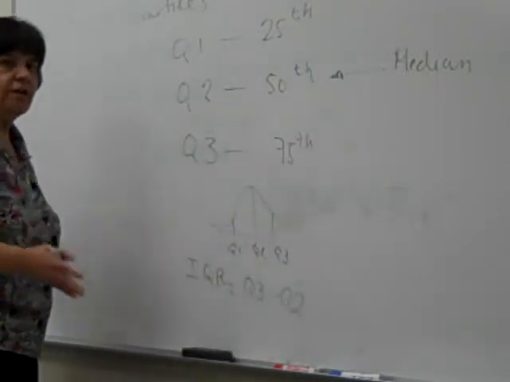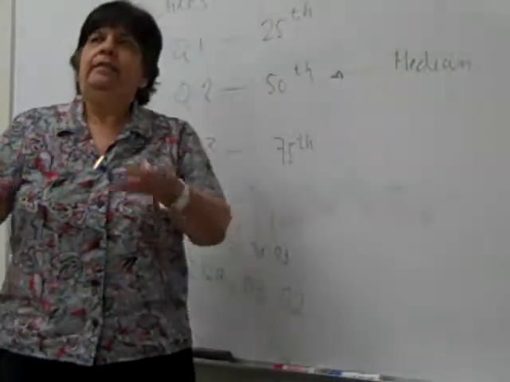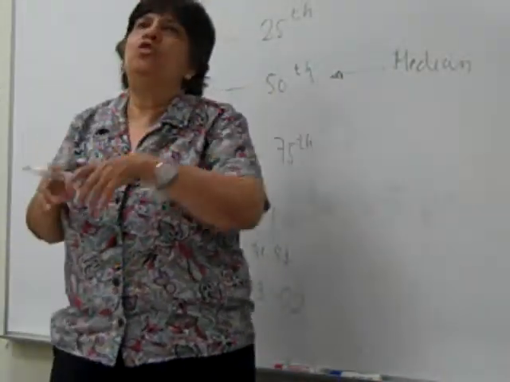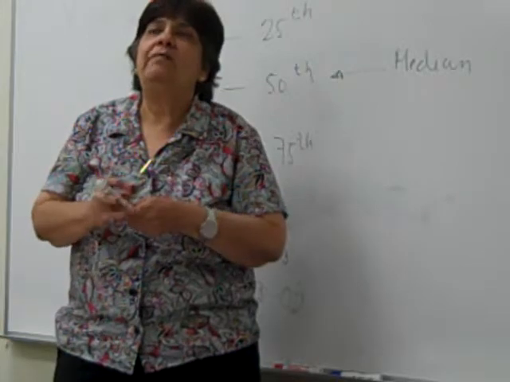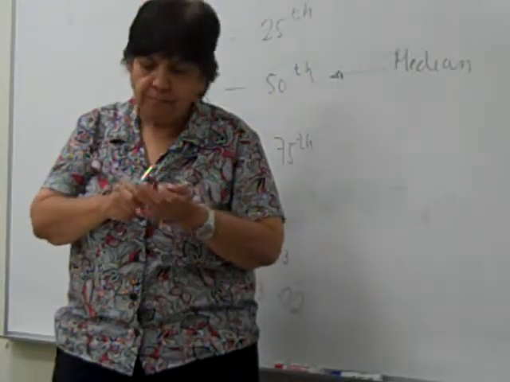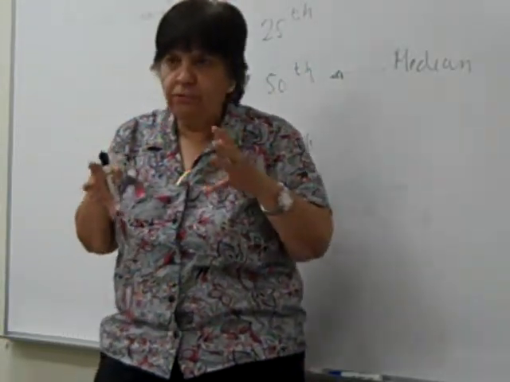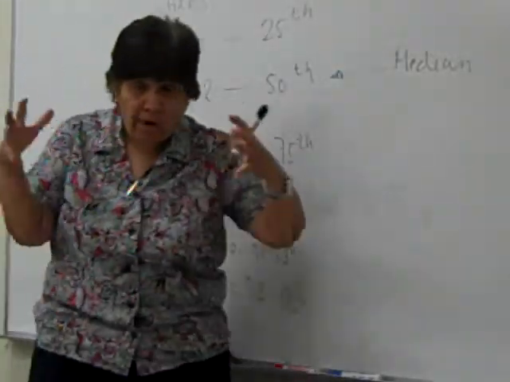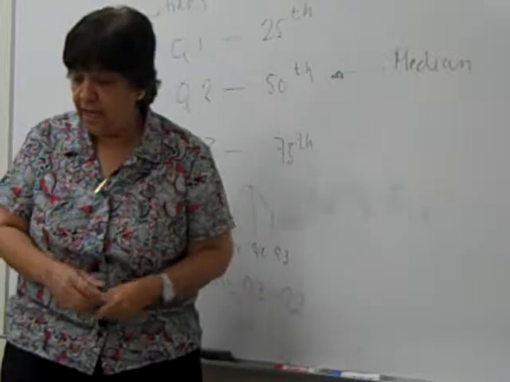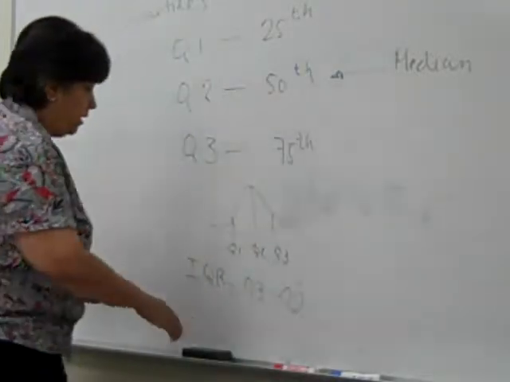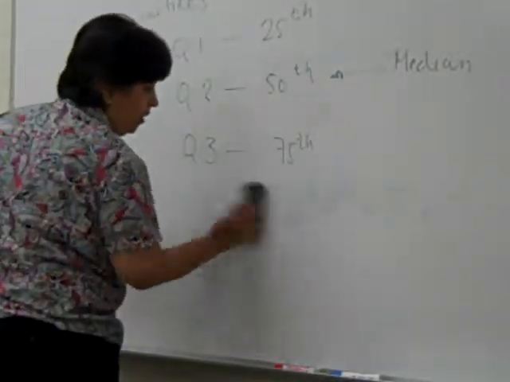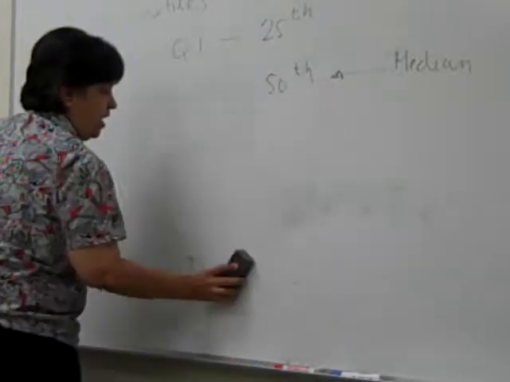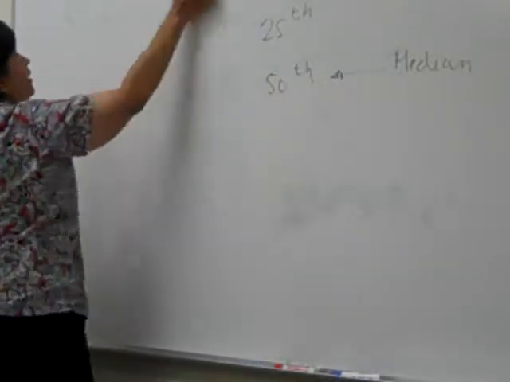And this number really takes away the data that might have outliers, so it is more concentrated on the middle 50% of your data. Okay.